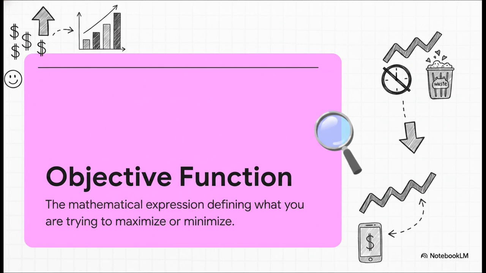You either want to maximize something good, like profit or market share, or you want to minimize something bad, like cost, waste, or time. The formula is usually a z-value that equals a function of your decision variables. So, tying it all together with our phones, if your parameter is a $500 profit per phone and x is the number of phones you decide to build, your objective function is incredibly simple. Maximize z equals 500 times x.